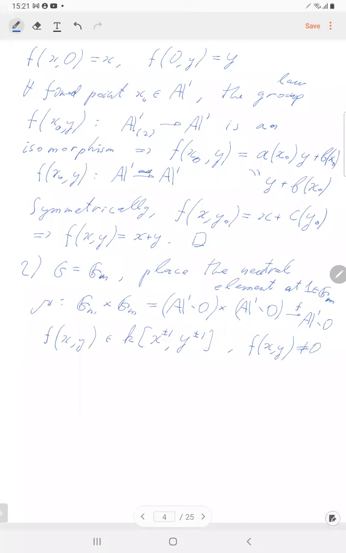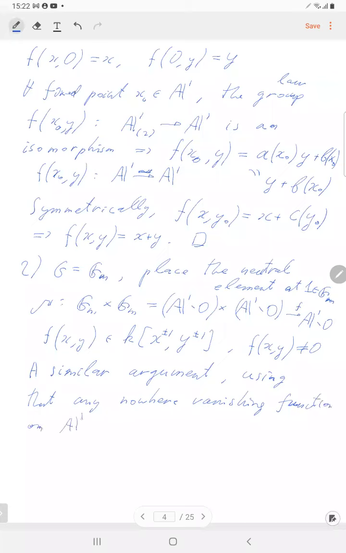Right, because it lands into the punctured line, and then just similarly, you see, maybe let me say that it uses the following fact: any nowhere vanishing function on the punctured line is necessarily some constant times some power of the coordinate.